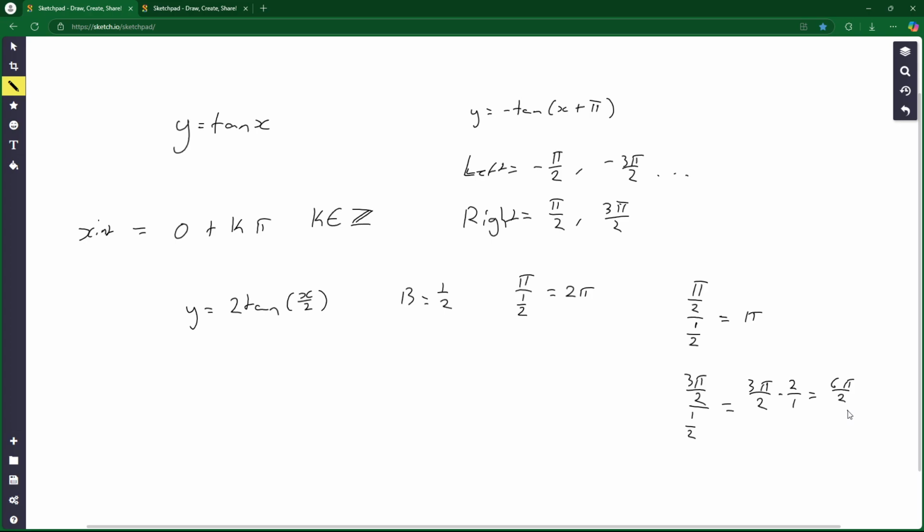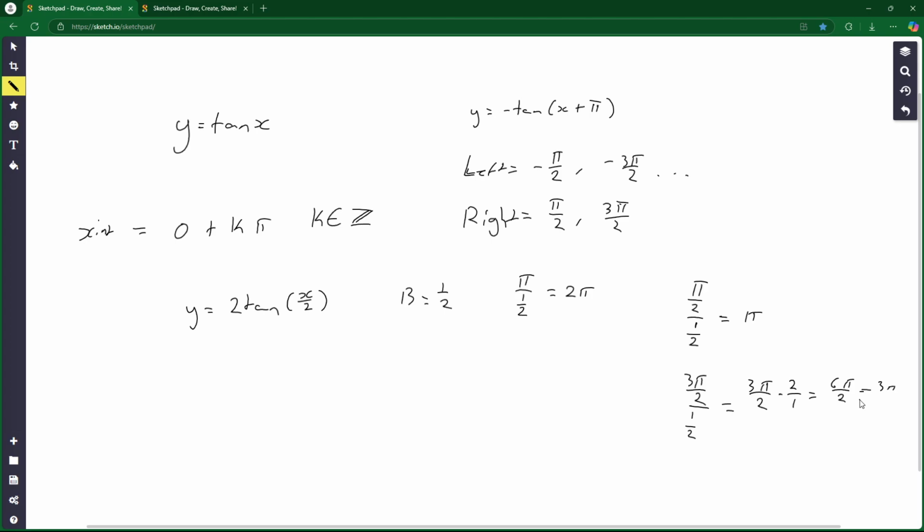Yep. That would give you 6 pi over 2, which would equal 3 pi. Don't take my word for that. I'm looking at this right now. I really don't think it would be that.